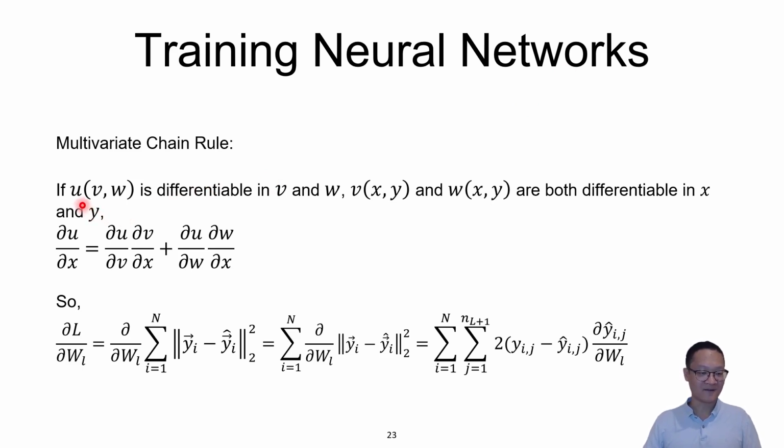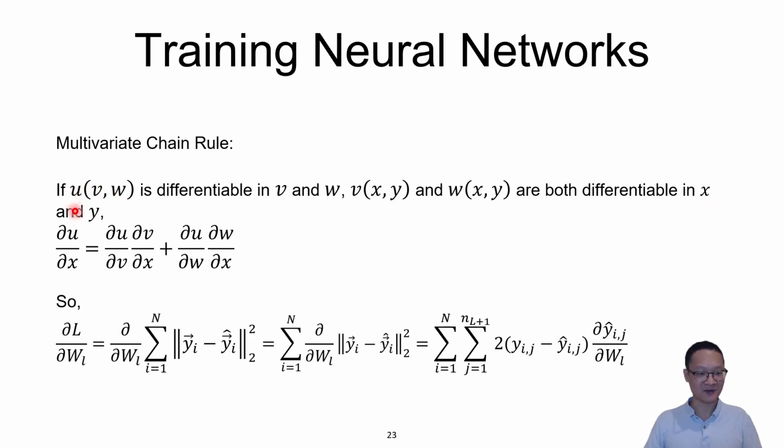So now, going back to more basic math. If we have a function u, which is a function of v and w, but then v and w are also functions of x and y, and everything is differentiable, then suppose we want to take the derivative of u with respect to x.